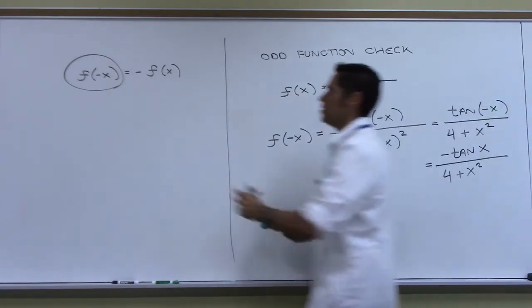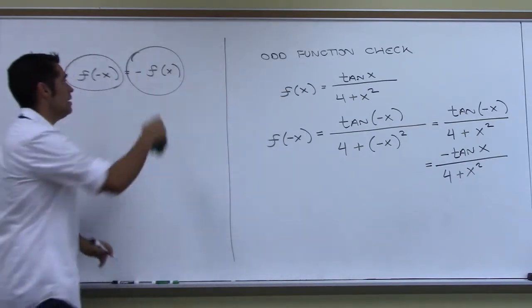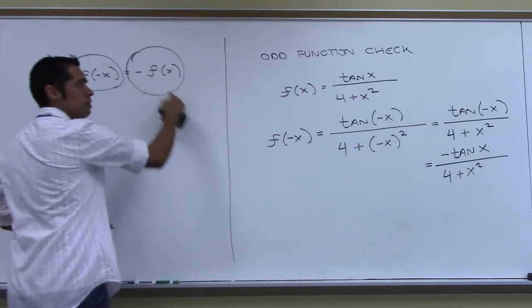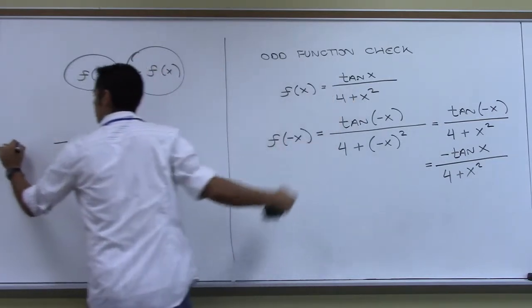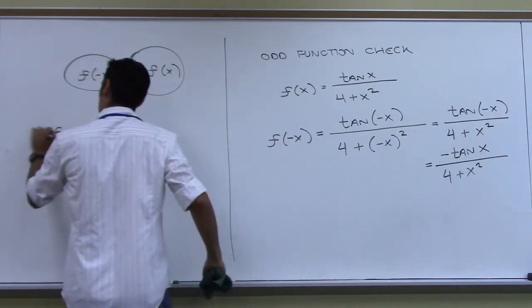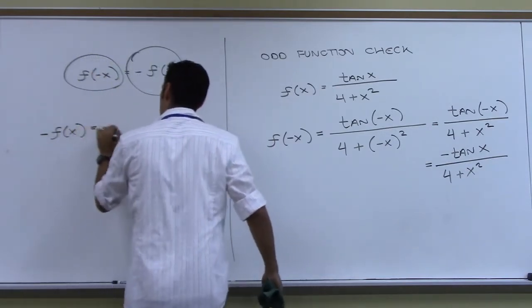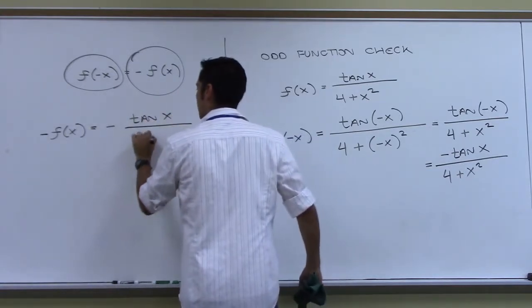Now let me check to see what this is. So what do I get if I put a negative in front of the function? So here's the function, put a negative in front of it. So negative f of x will be a negative in front of tangent x over 4 plus x squared.